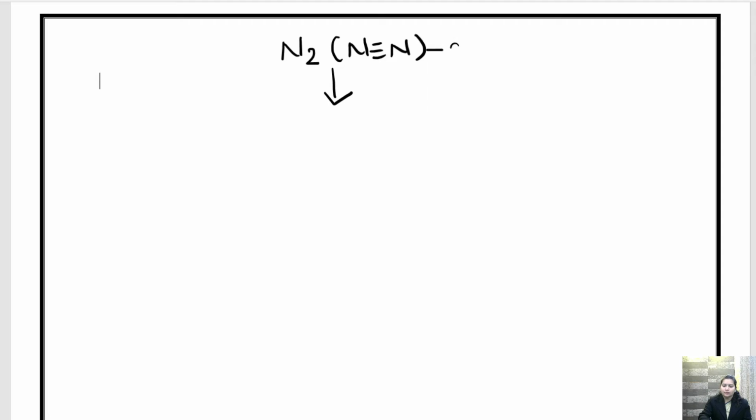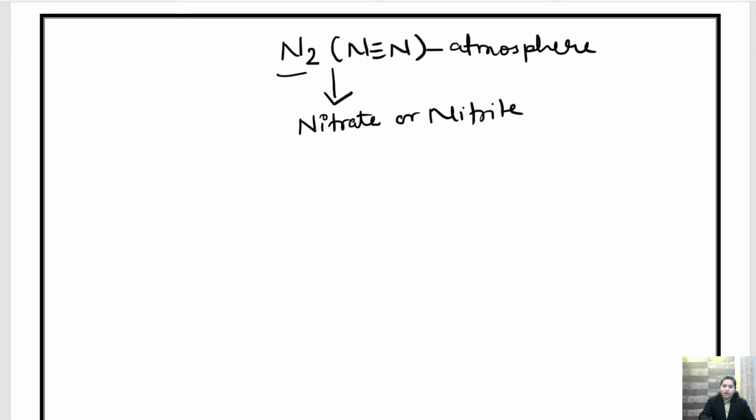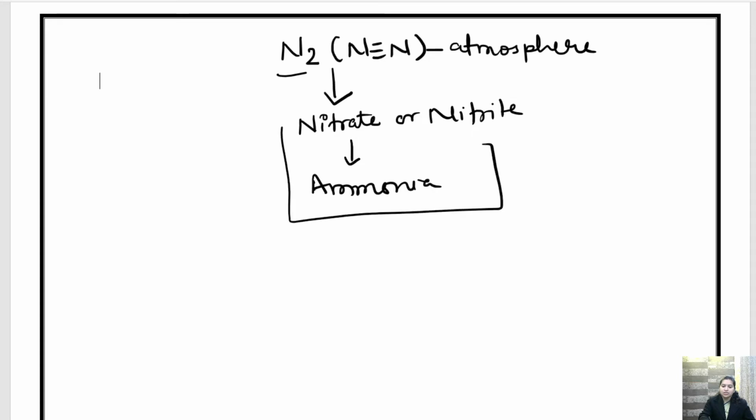एटमॉस्फेयर में नाइट्रोजन N2 के फॉर्म में प्रेजेंट होता है, but neither we take nitrogen as N2 nor the plant takes nitrogen like N2. Okay, so then what happens? This nitrogen gets converted into either nitrate or nitrite, and then it is converted into ammonia and is submerged inside the soil. तो soil में क्या होता है?